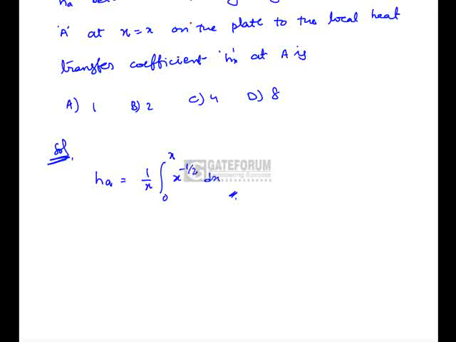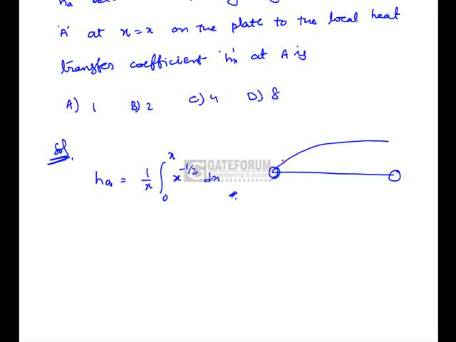Here the average heat transfer coefficient we will have to find out between the leading edge and some location. Let us say take a flat plate and consider any flow, and here the leading edge is nothing but the starting point of the flow and the trailing edge is nothing but the leaving point of the plate. So here the entrance point of the plate is nothing but the leading edge.